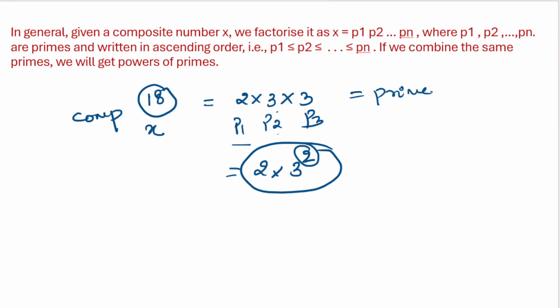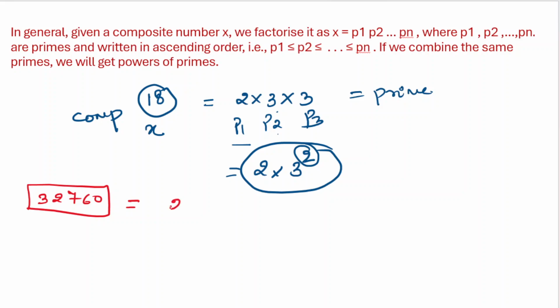Like we are having one example for you. Suppose we are having 32760. This is your composite number. When you are doing its prime factors, I suggest you do it by yourself so that you can find its prime factorization.